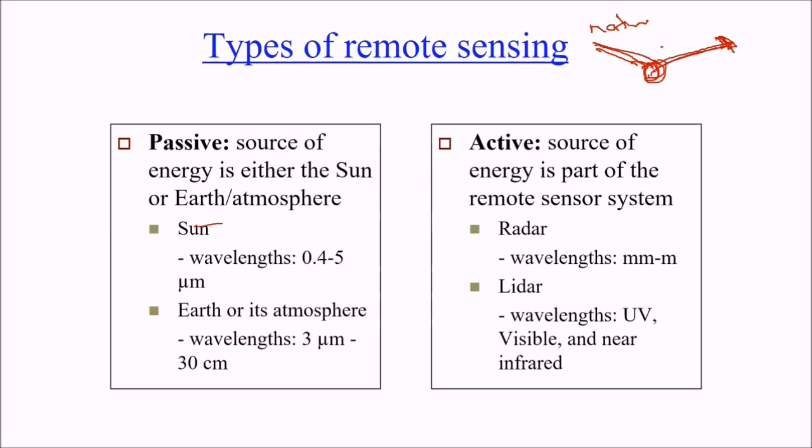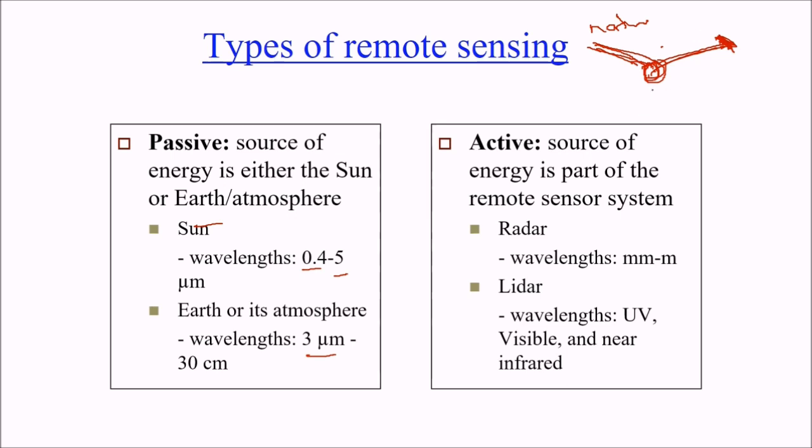The sun has radiation with wavelengths from 0.5 to 5 micrometers, and the earth or its atmosphere has wavelengths from 3 micrometers to 30 centimeters. So this sensor is not sending anything. It is just sensing the reflectance by the natural sources which are available to us as residents of this globe.